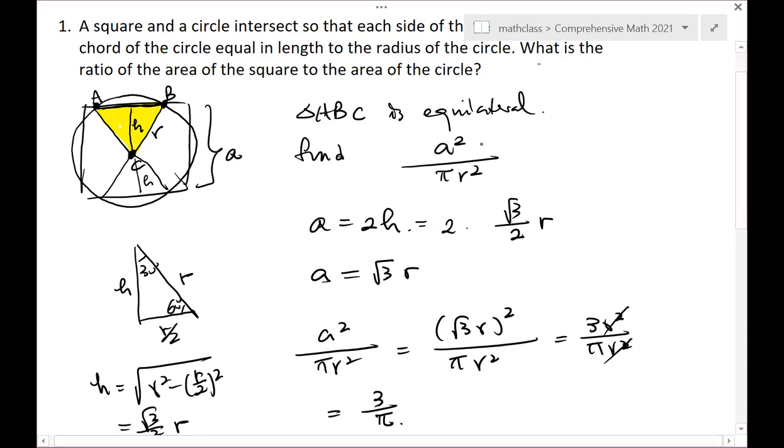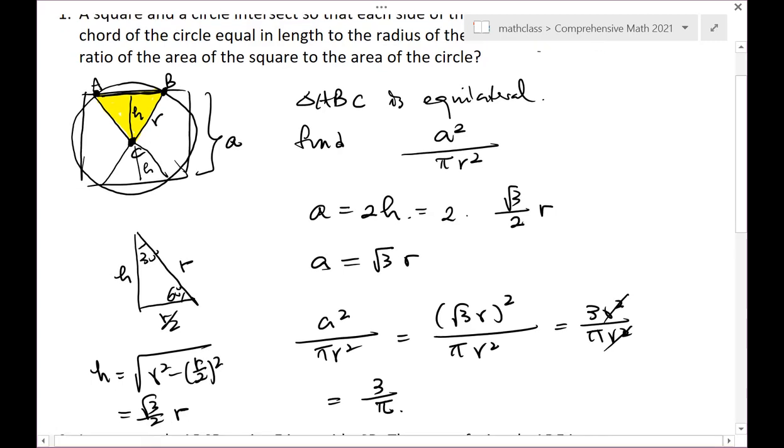Then you realize that you should know the relationship between A and R. Then you look at the picture. How can you find the relationship between A and R? A is going to be double the height of the equilateral triangle. Then you express the height of the equilateral triangle in terms of the side length, which is the radius of the circle. So that's how to solve the problem, step by step, right?